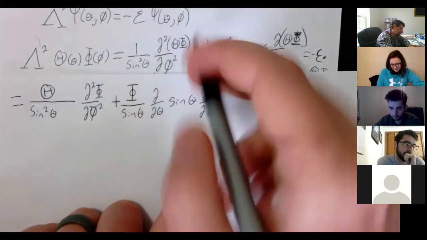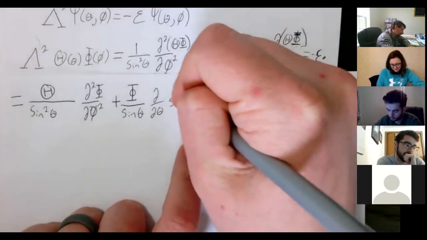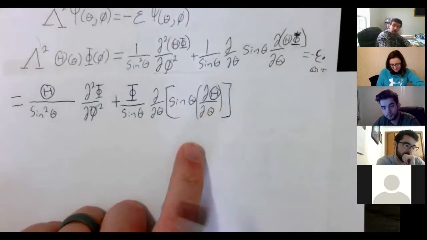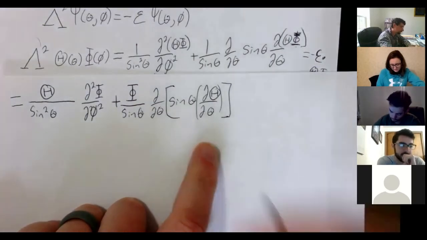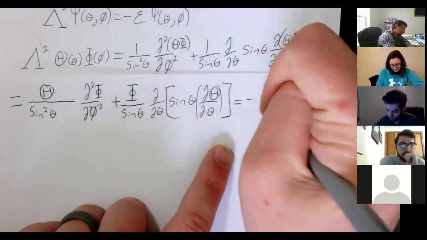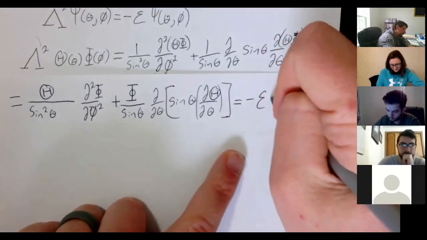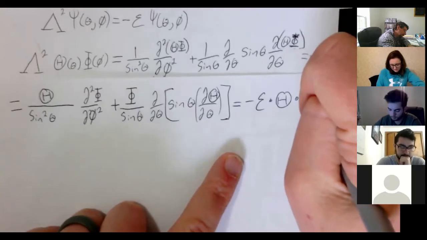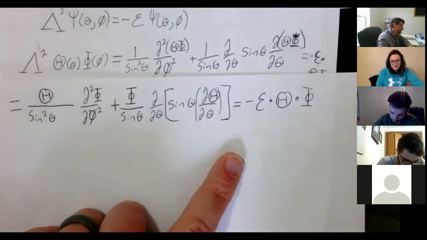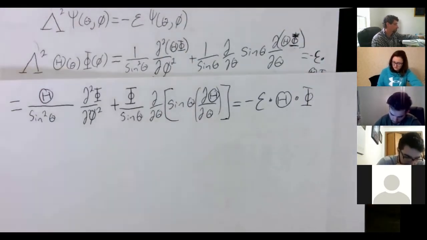So really, this looks kind of like that, which would be a little more mathematically formal. Does that make sense, Ellie? Yeah, that makes more sense. And all of this is equal to negative epsilon times capital theta, capital phi. Okay.